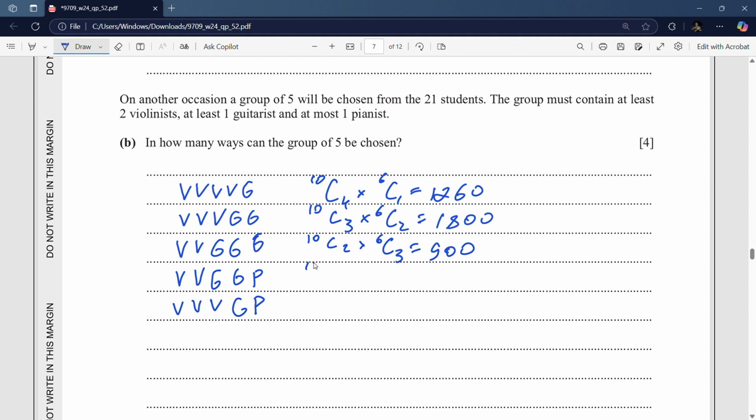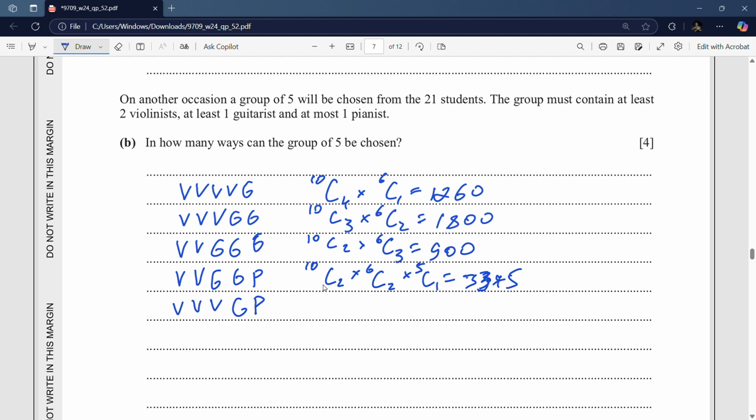Here we have 10C2 multiplied by 6C2 multiplied by 5C1, which gives us 3,375.